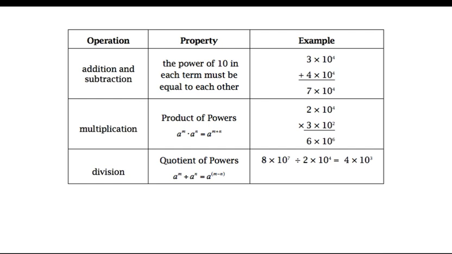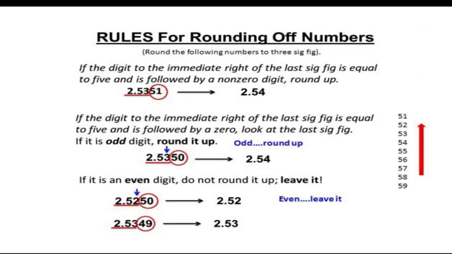And in multiplication, the product of powers is addition. Here 10 raised to 4 times 10 raised to 2 is equal to 10 raised to 6. In division, we take m minus n. So 10 raised to 7 and 10 raised to 4: 7 minus 4 is 3. So our answer is 10 raised to 3. You can remember this law also.